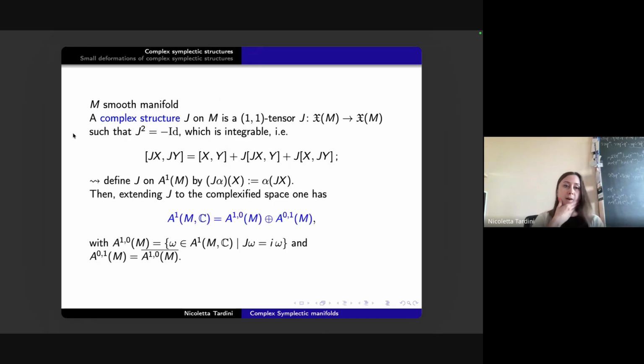Okay, so now, of course, J is defined in this way on vector fields, but then you can extend the action of J on one forms, for instance, in this way.